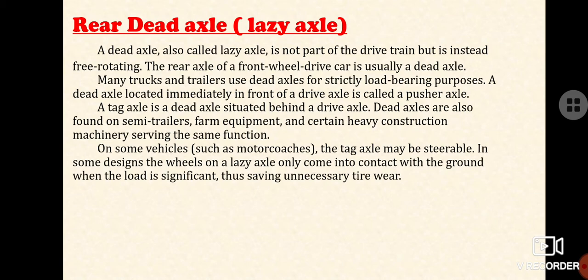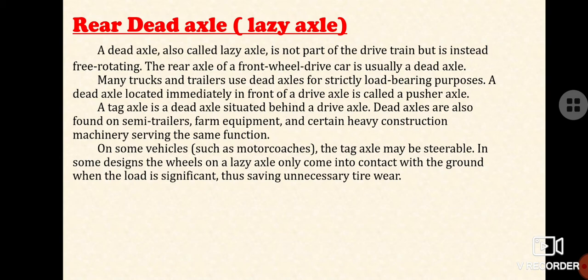A dead axle located immediately in front of a drive axle is called a pusher axle. A tag axle is a dead axle situated behind a drive axle. Generally, dead axles are also found on semi-trailers, farm equipment, and certain heavy construction machinery serving the same function.